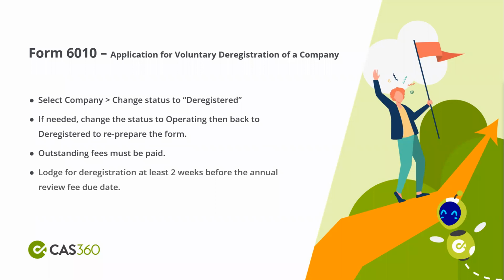You do need any outstanding fees to be paid to ASIC beforehand. And in terms of that, ASIC do recommend lodging for deregistration for at least 2 weeks before the annual review due date, in order to avoid any additional fees, because it does take some time for ASIC to process this and publish the fact that the company is deregistered, so they do require that in advance.